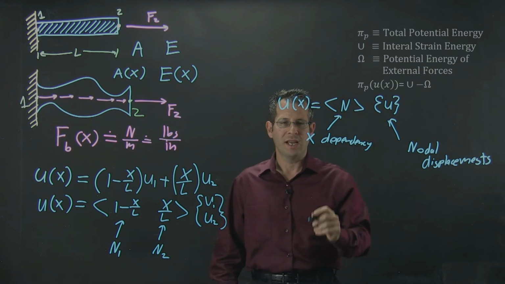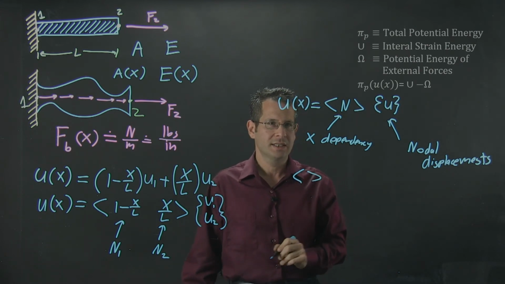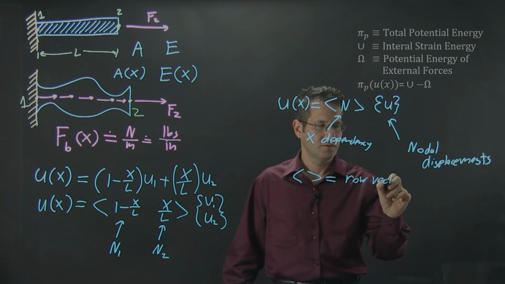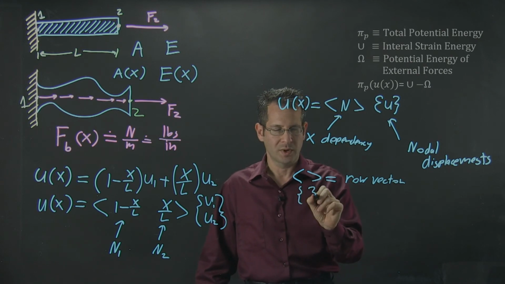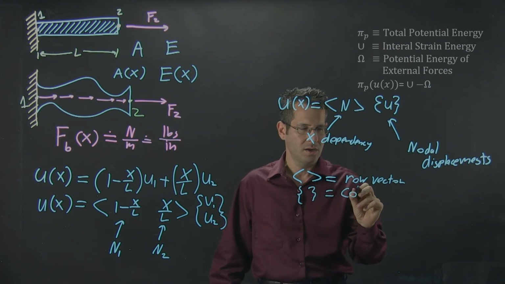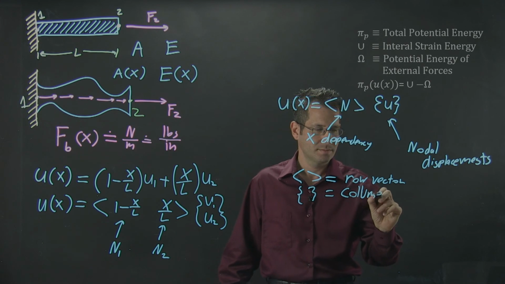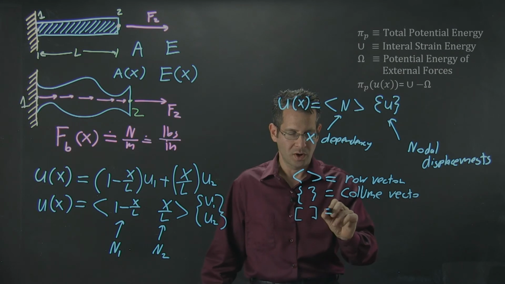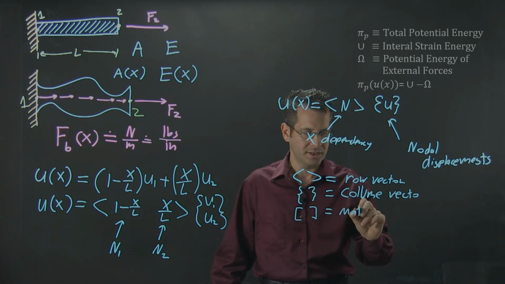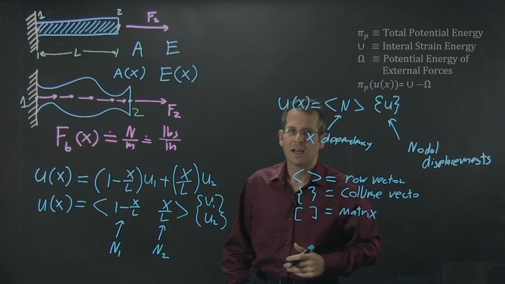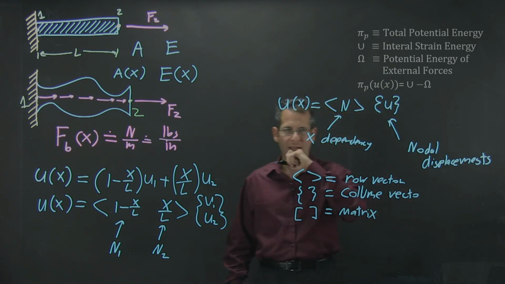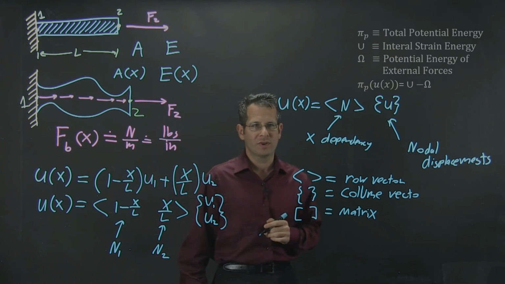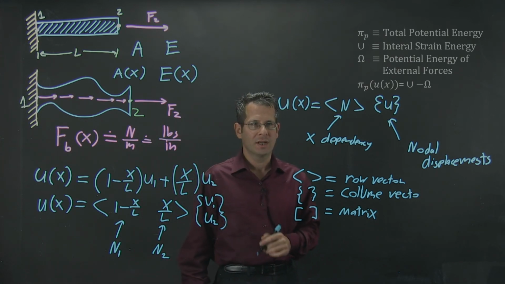Also, remember our notation: I'm using this to indicate a row vector, squiggly brackets to denote a column vector, and square brackets to denote a matrix. Finally, let's remember that way back in Lecture 2, Part 2, we discussed taking derivatives of vectors and matrices.